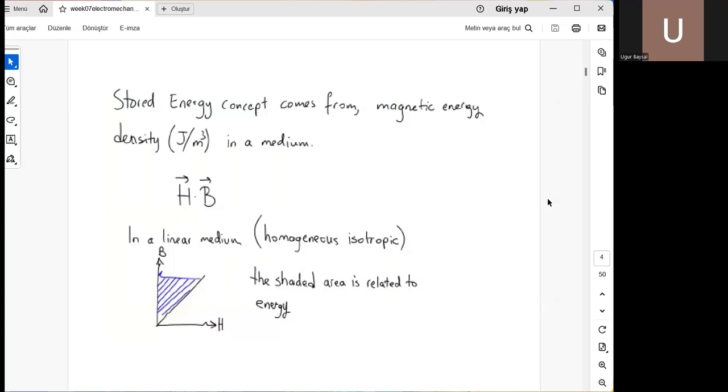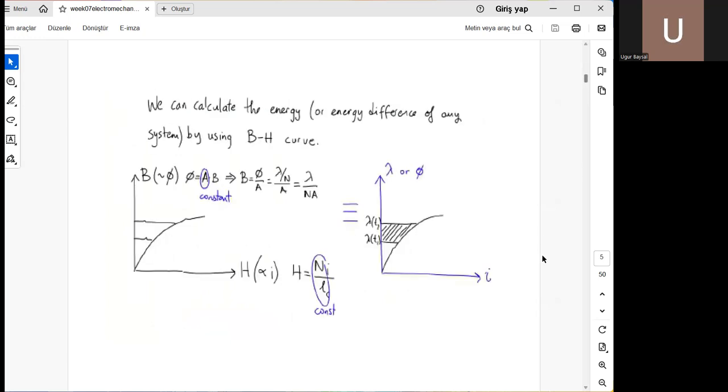The shaded area is related to the energy. So energy is basically defined as the area between the BH curve, or equivalently the lambda versus i curve, from the initial point to the final point.